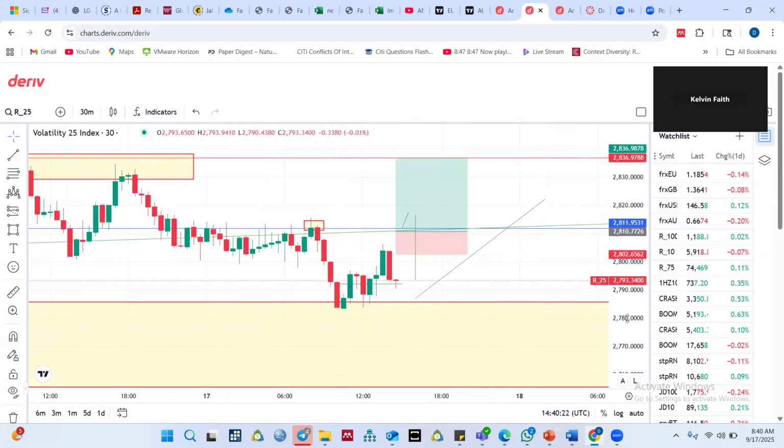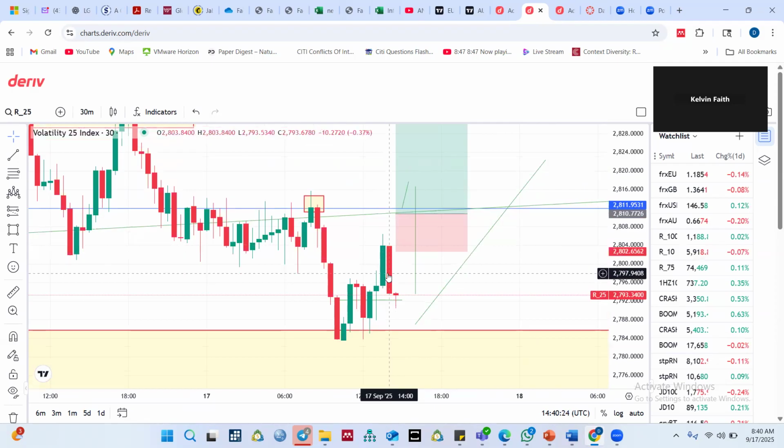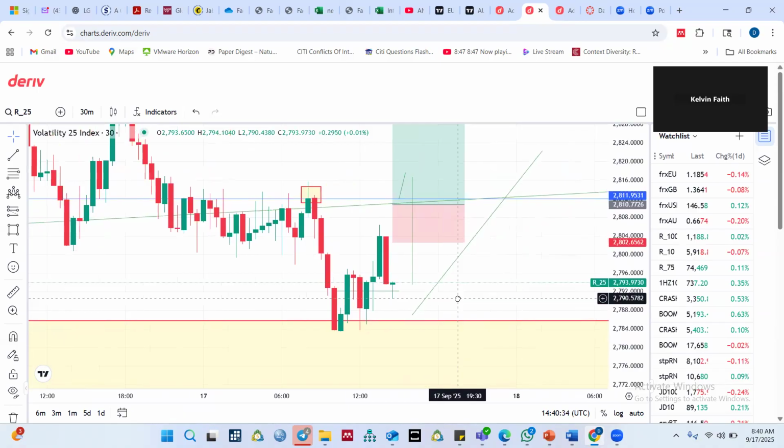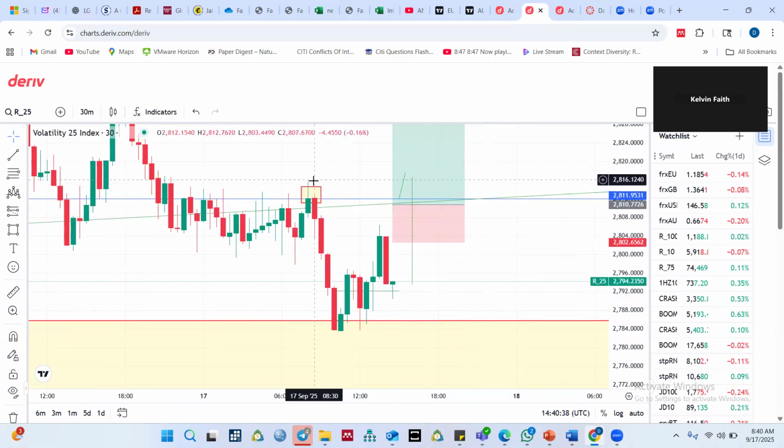We have seen a 30 minutes engulfing candle, that candle that engulfs this bullish one. So let's see if it will continue to drop, if it will continue to sell.